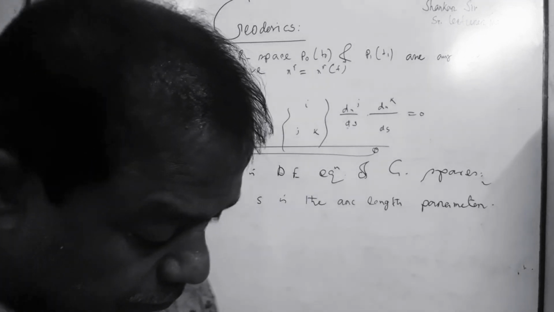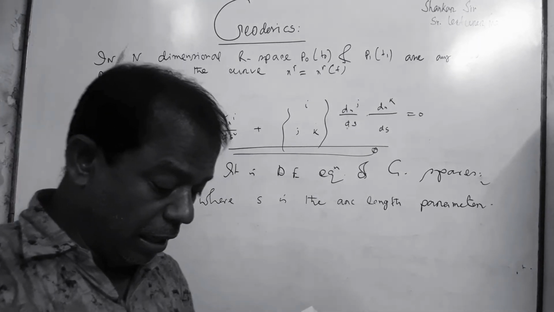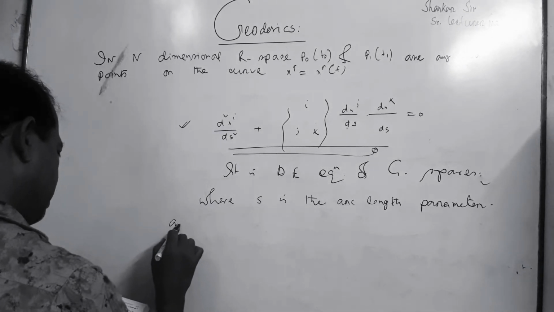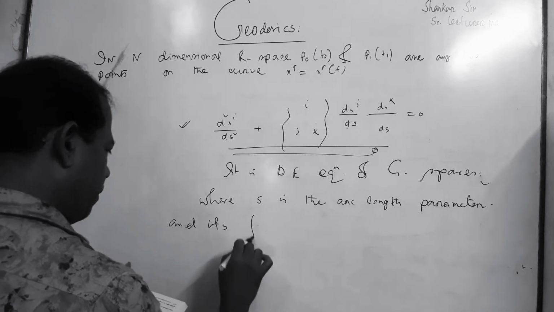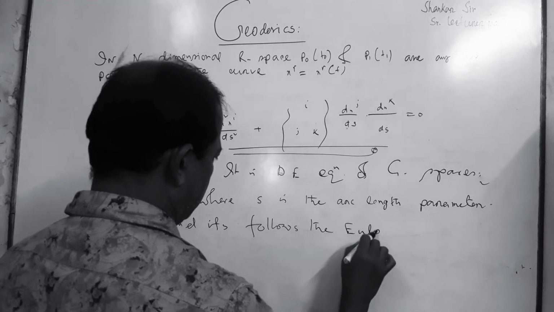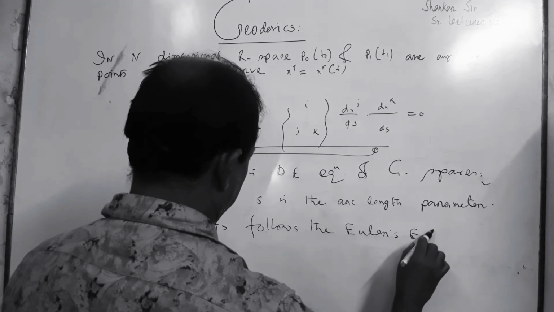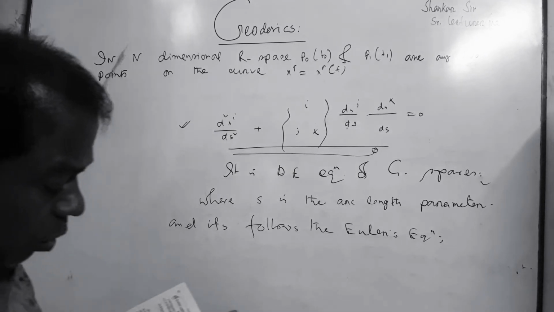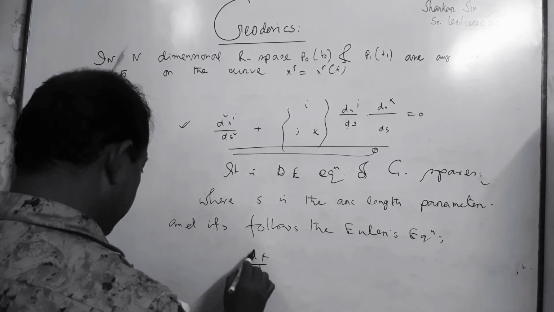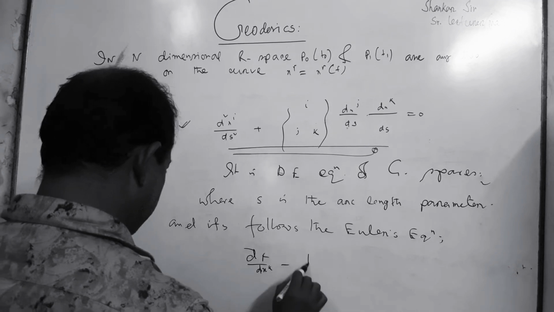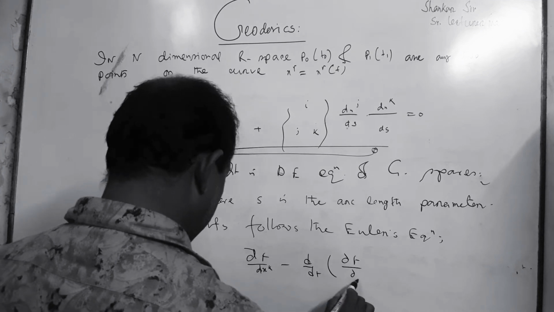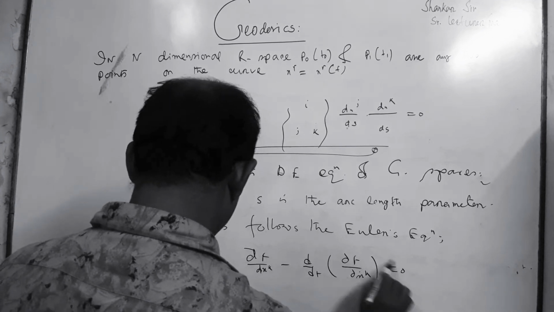Okay, and Euler's or Lagrange equation, it follows this Euler's equation: del f by del xk minus d by dt of del f divided by del x dot k equal 0.